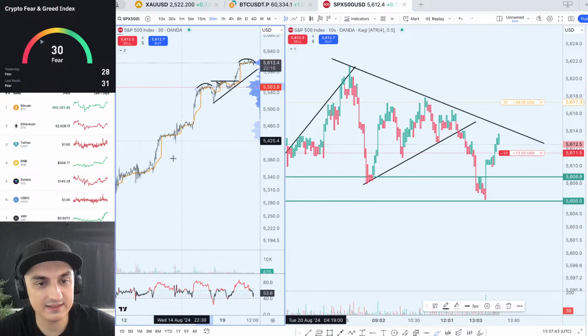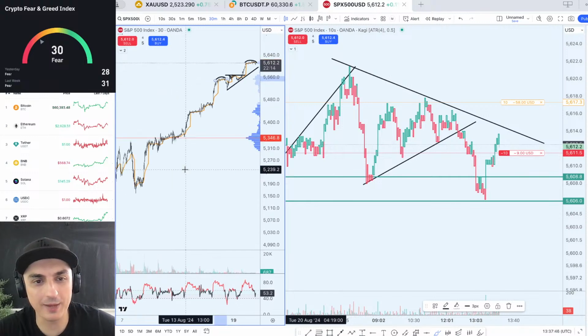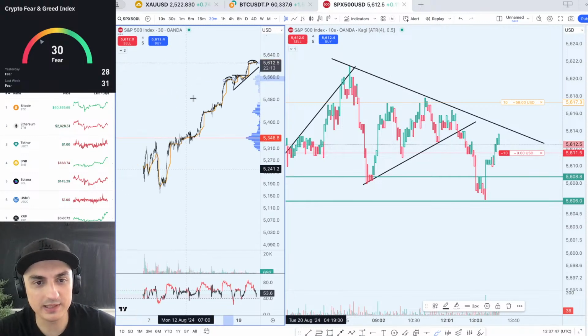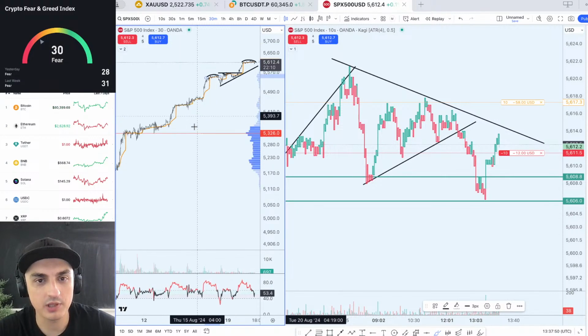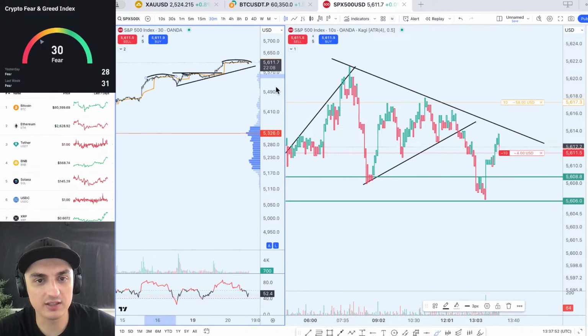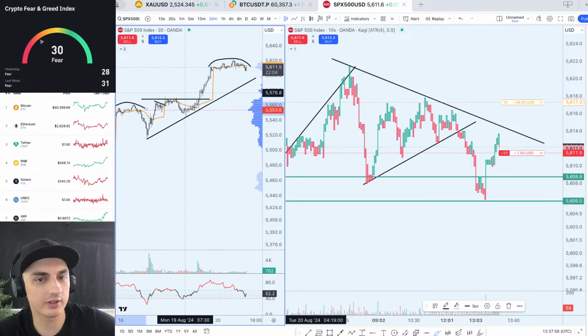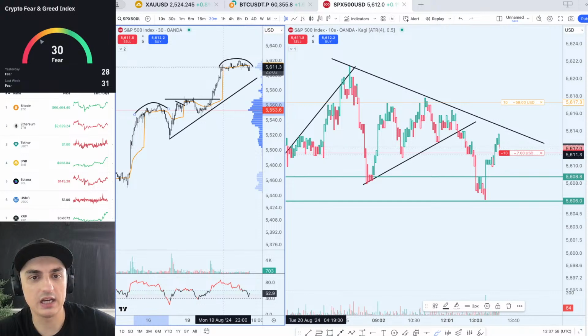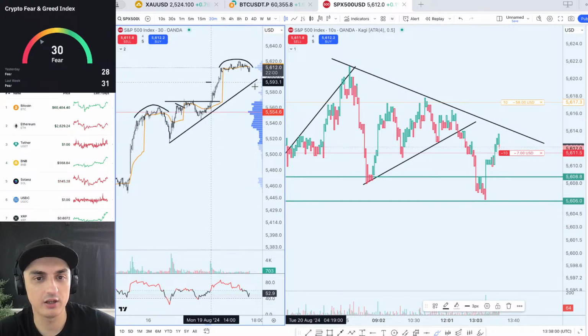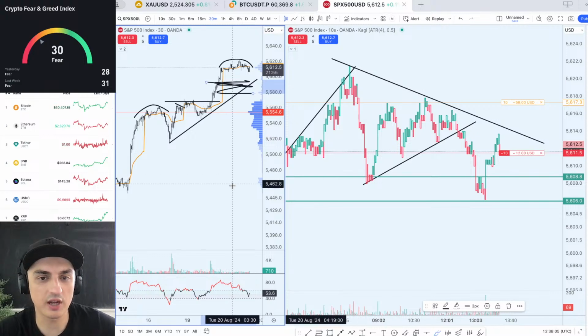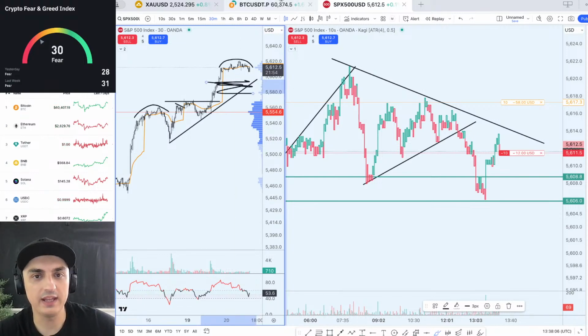That is basically why I'm shorting this market, because of these rounded shapes, rounded saucers if you wish, and because of this lack of price action around 580.